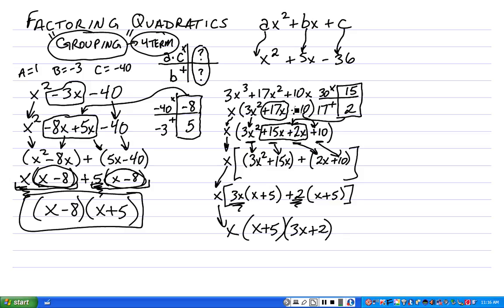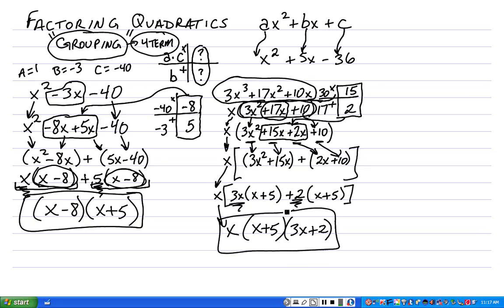Here. Okay, you would get this part here, and then if you multiplied the x that's on the outside by this here, that would get you back to what we started with, which was this here. Alright, so again, our final answer, this one right here.